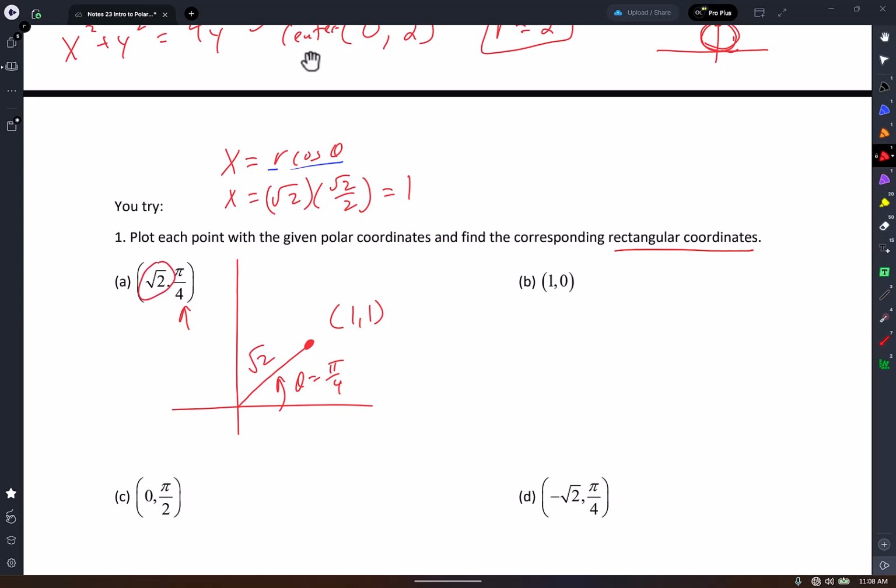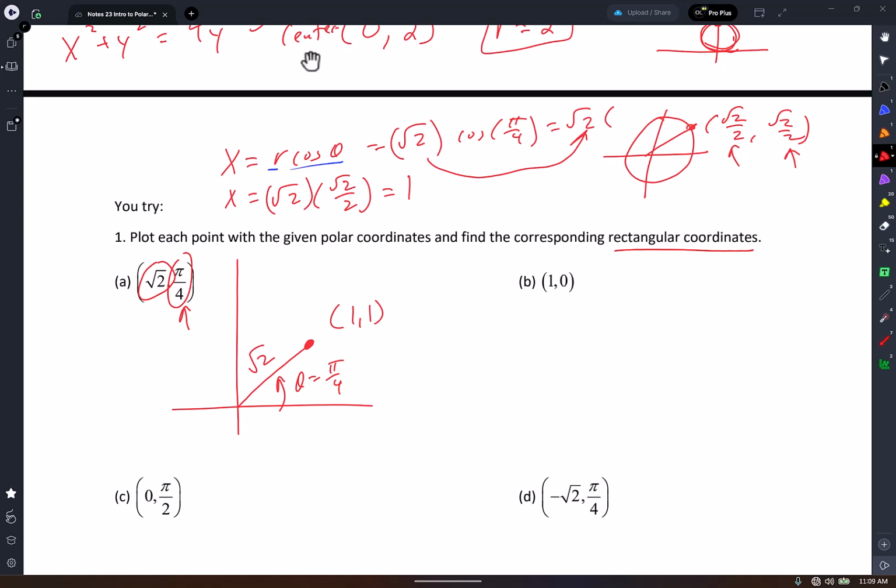This is my r, so square root of 2. And then cosine of pi over 4. If you look at the unit circle, at pi over 4, it's square root of 2 over 2, comma square root of 2 over 2. This is the cosine. That's the sine, remember? And all I did was, okay, square root of 2, that's that one, and then times cosine of pi over 4, it's this one. So square root of 2 over 2.